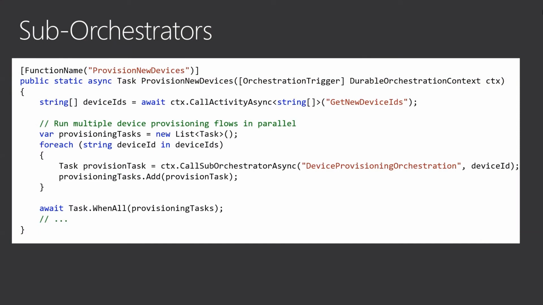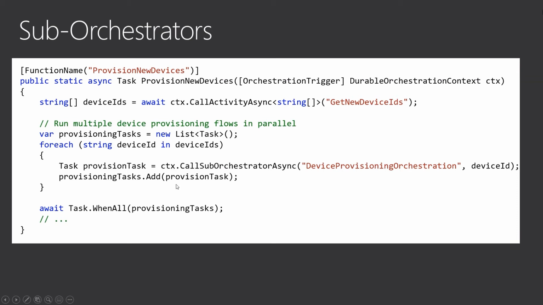Your orchestrator can call activities, but what if they can call sub-orchestrators? As you can see here on that line, it's the same thing. This is a sample from an IoT devices list. You have this list of devices, but you want to run a different orchestration entirely for those devices.